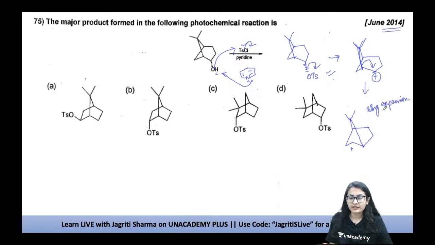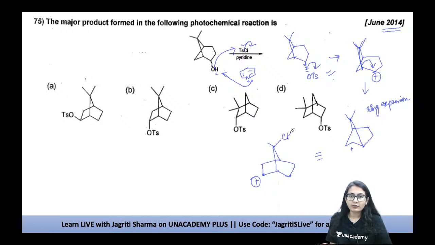Right, the ring expansion is the driving force for this reaction to happen, and you can also write this intermediate like this, which we usually do. Now it has two carbons on both the sides. And you have a positive charge, a carbocation on the secondary carbon right over here. Now what do you expect?